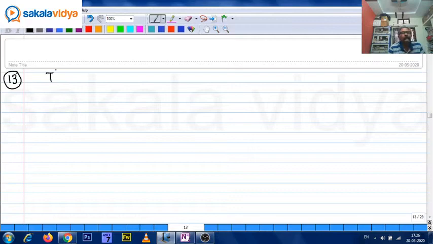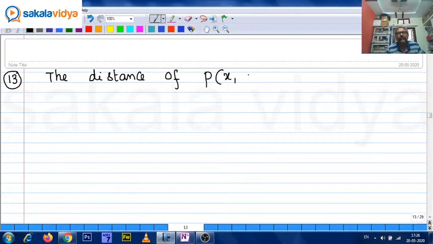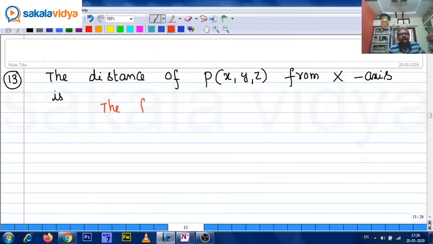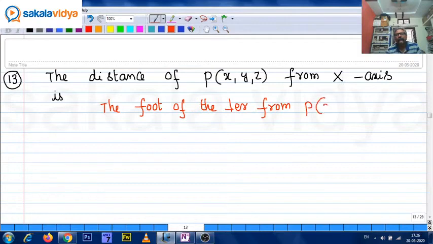The distance of P(x, y, z) from the x-axis is, so that means first of all let us write the foot of the perpendicular from P(x, y, z) on the x-axis.